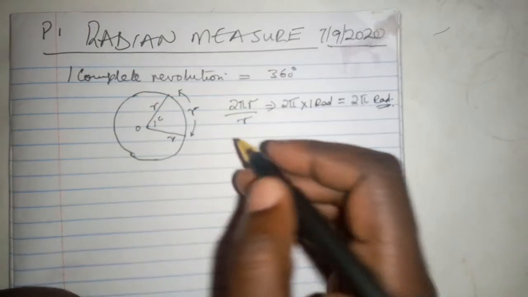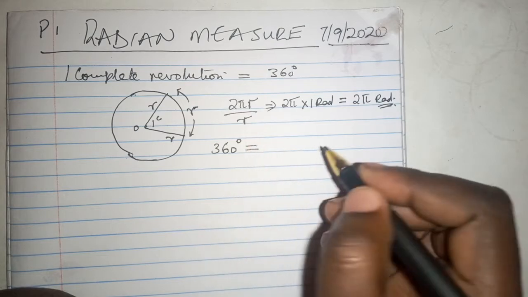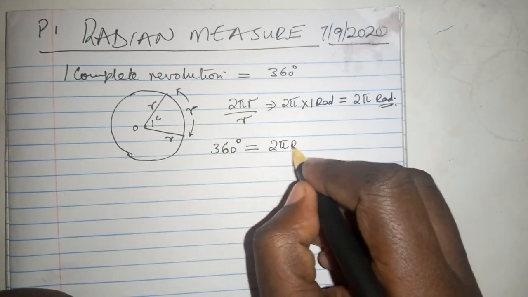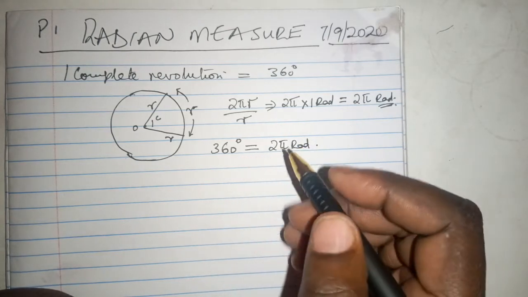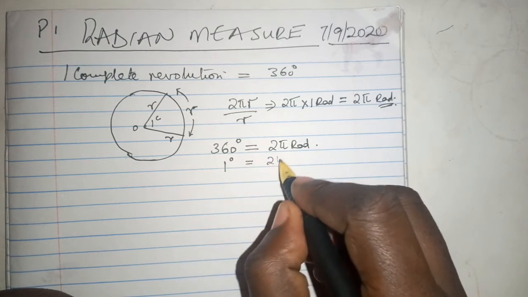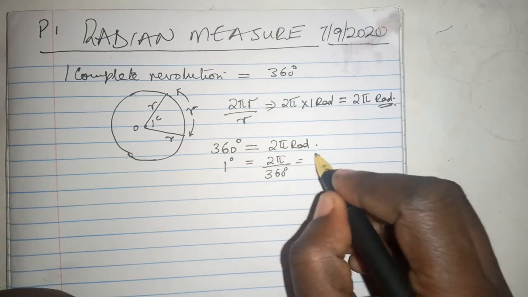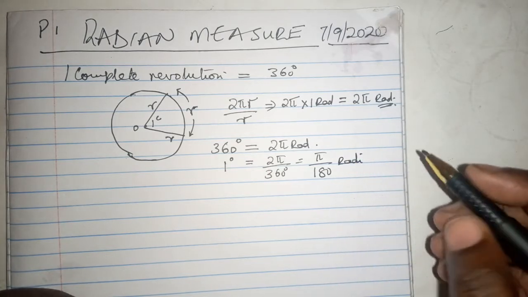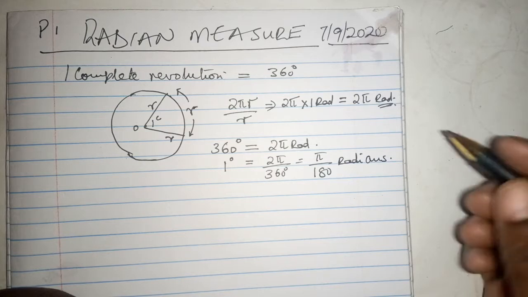In other words, 360 degrees is equivalent to 2 pi radians. What does this mean? That 1 degree is equivalent to 2 pi over 360, which is pi over 180 radians.